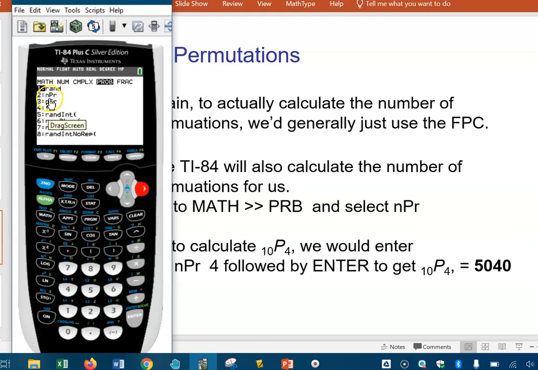Those are the 3 that we're going to use. I'm going to go to number 2, hit enter, and then I would hit 4. You can notice it shows up just like I'm looking at it right over here, 10P4, and then I push enter: 5040.